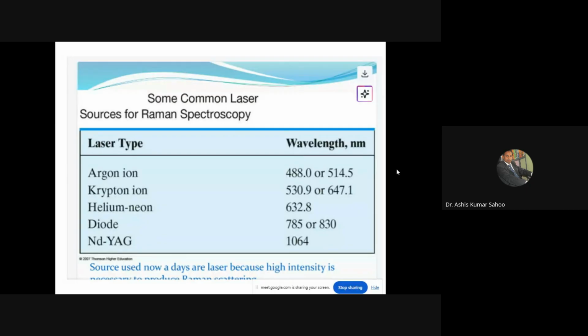So what are the laser lights? We use an argon ion laser, with a wavelength around 488 nanometers. If we use a krypton ion laser, that is 530 nanometers. We can also use helium-neon lasers, diode lasers, etc. These are the possible lasers we can use in Raman spectroscopy.